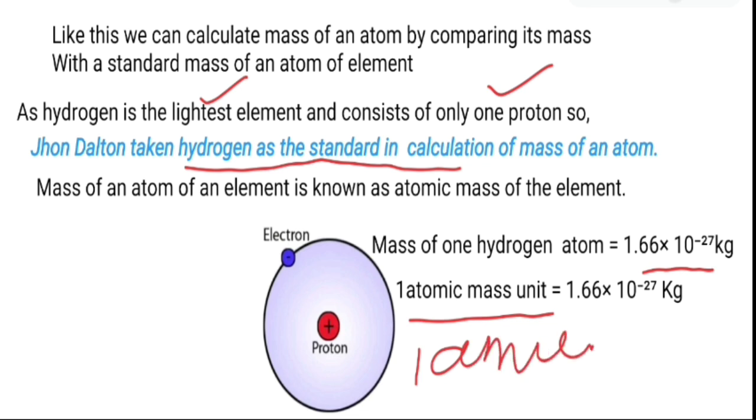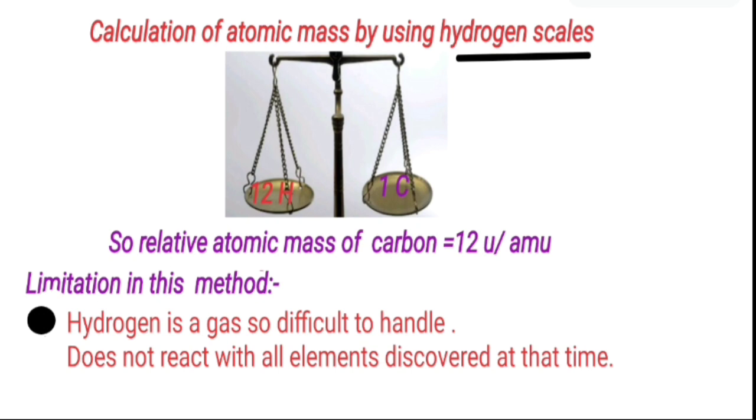Now we compare the mass of the hydrogen atom with other atoms. For example, when we compare the mass of the carbon atom with the hydrogen atom, we find that the carbon atom is 12 times heavier than the hydrogen atom.